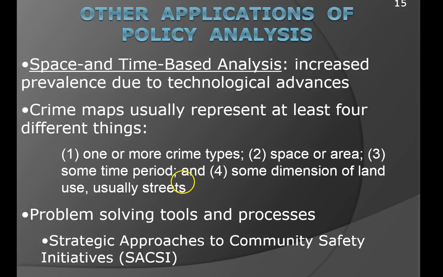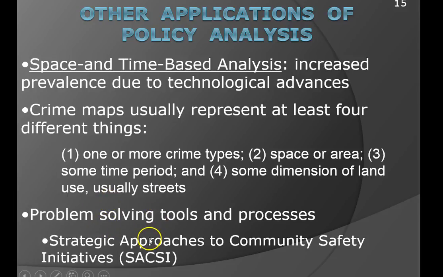Crime mapping does normally cover a specific area composed of certain streets. For instance, you might be looking at downtown Detroit, and you'll have your boundaries within that area.